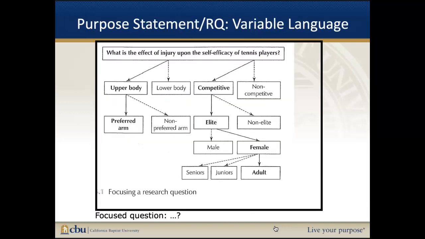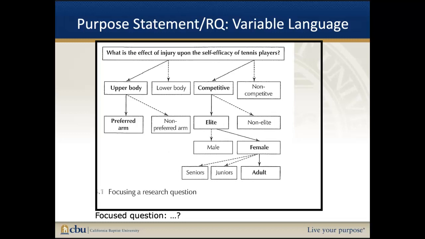So here's another example of a generic question at the top. What is the effect of injury upon self-efficacy or the perception of competence of tennis players? Again, we need to focus the question and clarify and narrow our variables. So that's very important if you're going to have a signpost for the reader to know what type of data you're actually going to collect.